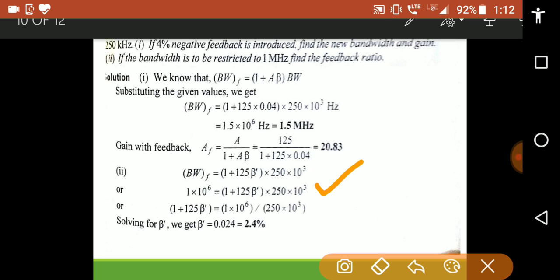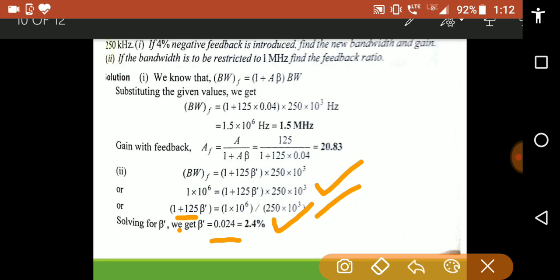So 1 plus 125 into beta dash equals 1 into 10 to the power 6 divided by 250 into 10 to the power 3. Solving the equation, we find beta dash equals 0.024, and in percentage, beta dash equals 2.4%.